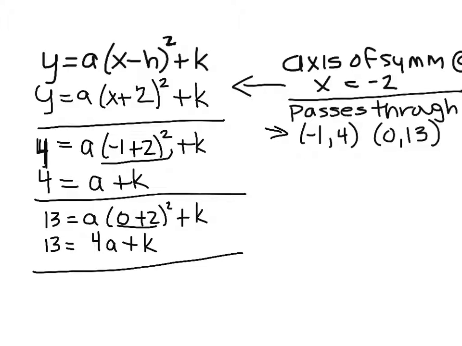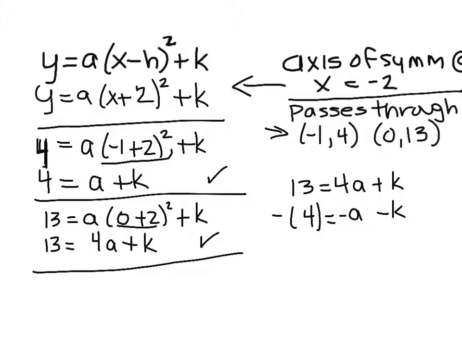So now we still need to find a value for a and k. We're going to use a system of equations. We have 2 equations here in terms of a and k. So I am going to write 13 equals 4a plus k, and I'm going to subtract 4 equals a plus k.